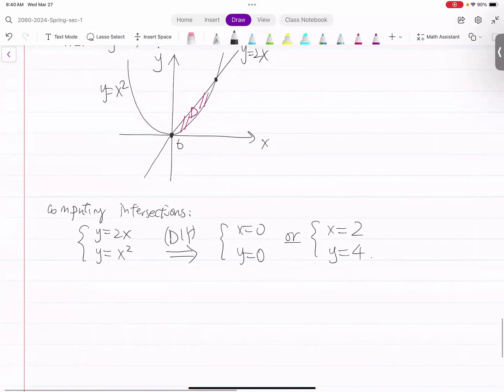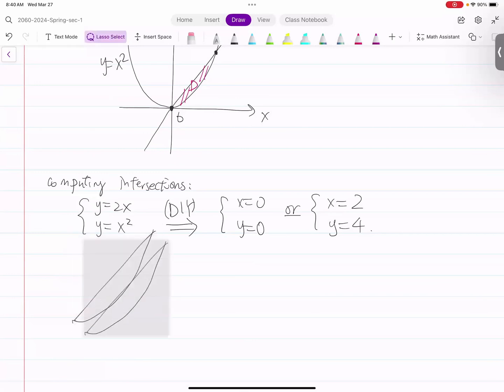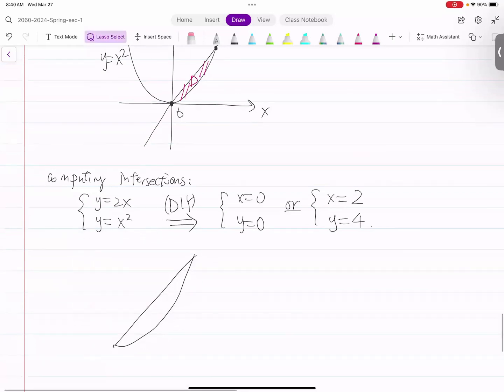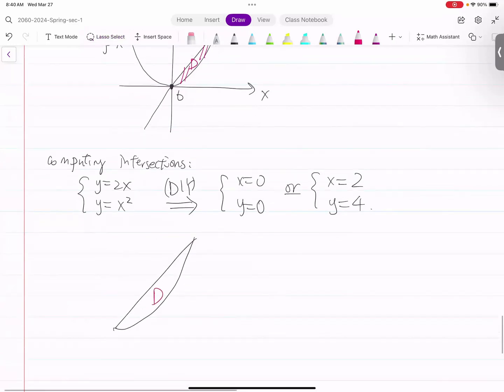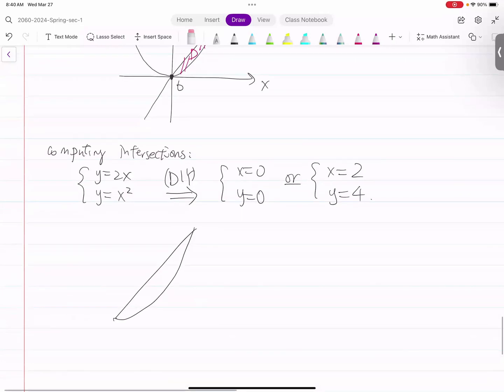So what does it tell you? It tells you we have a line, we have a parabola. So let's zoom up a little bit. So we know that's the region D. We don't really need that letter here because that's clear.